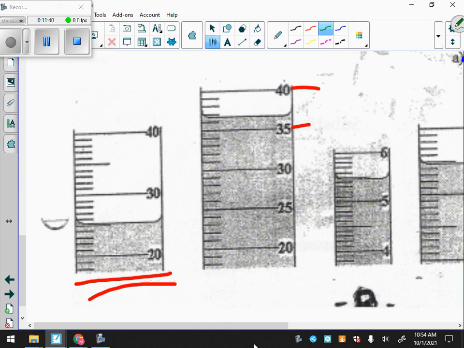It's right here. Is it at the 37 yet? It's in between the 36 and the 37. So what number is in between 36 and 37? Yes. Write your answer on the top. Capital M, lowercase m, capital L.